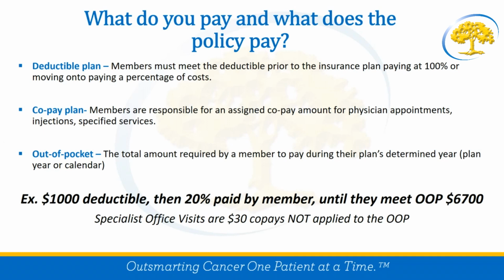So that's going to mean that you are going to start the year by paying $1,000 upfront. So maybe that could be 2 treatments, and then you'll start paying 20%, but you won't pay over that $6,700.